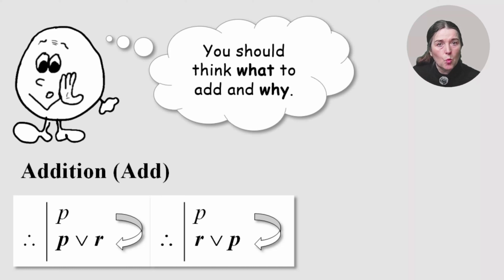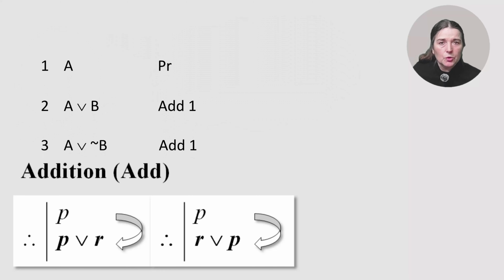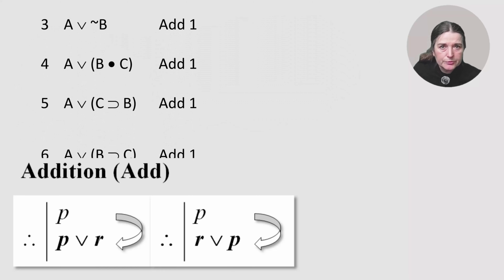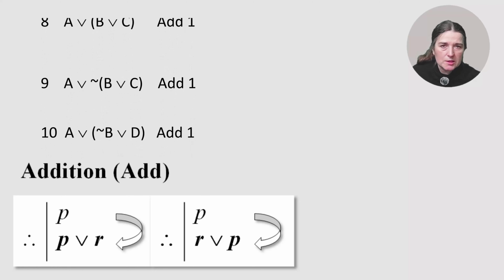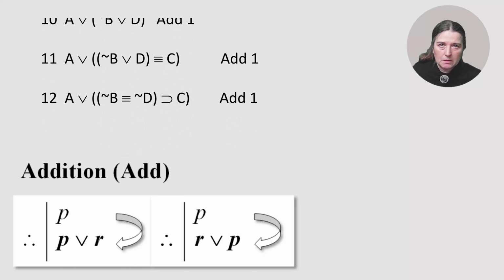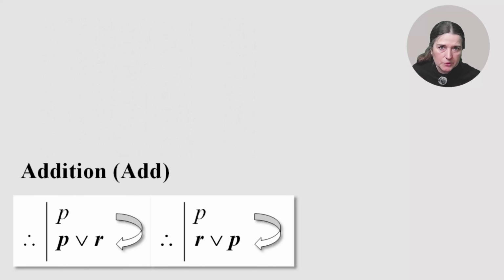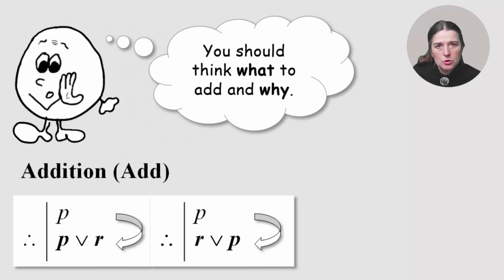You need to know why you want to apply addition and exactly what you will be adding. After all, you could add anything you want, so you could go on forever doing a proof by adding new lines to the proof that will be justified by addition, but that would be a tremendous waste of time. You need to know what you're adding and why you're adding that.